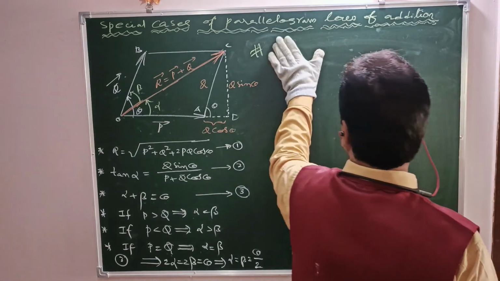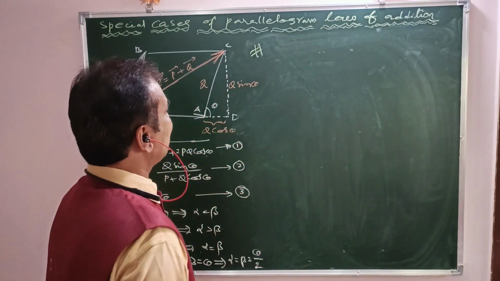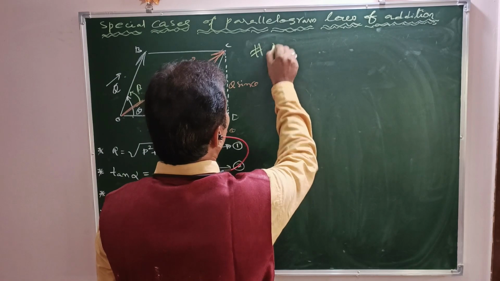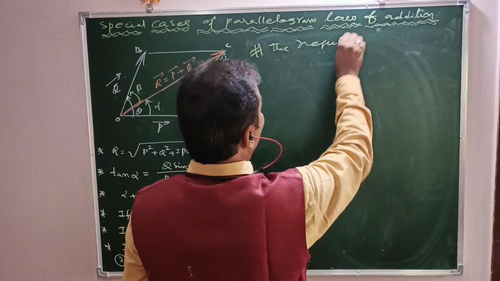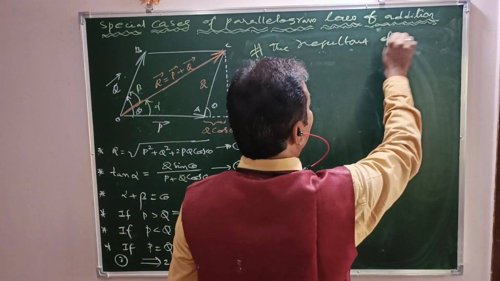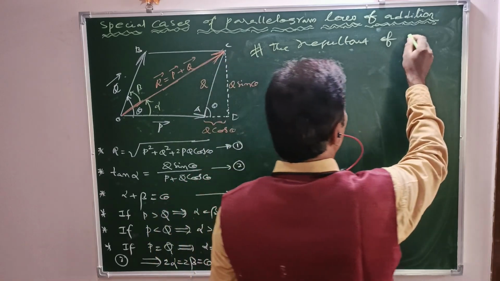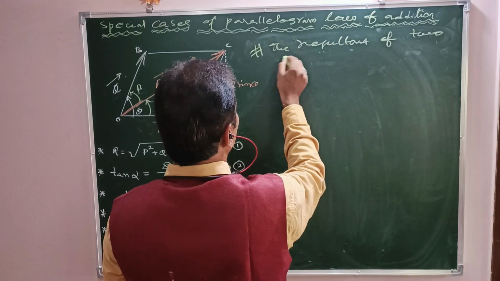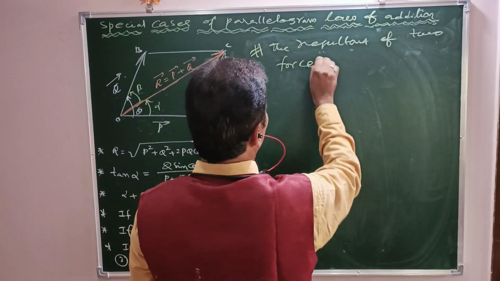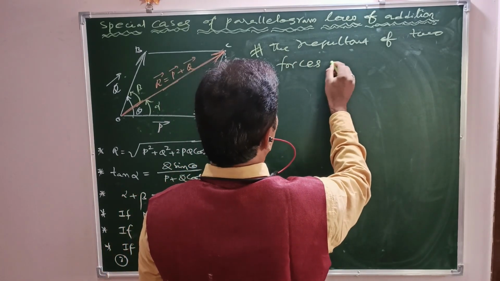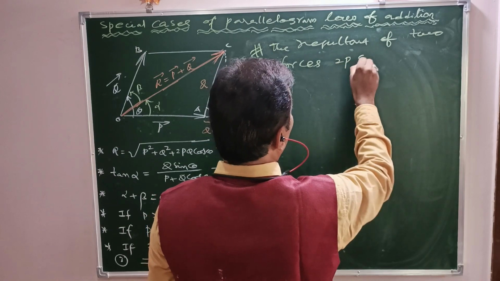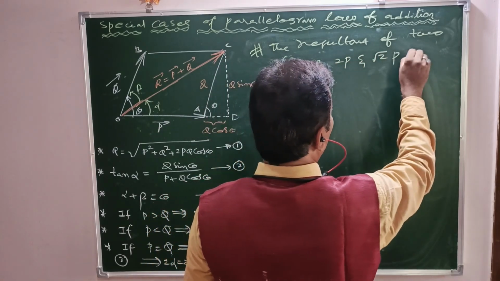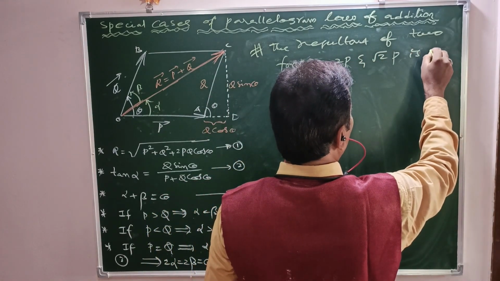Next, one more numerical. The resultant of two forces P and root 2P is root 10P.